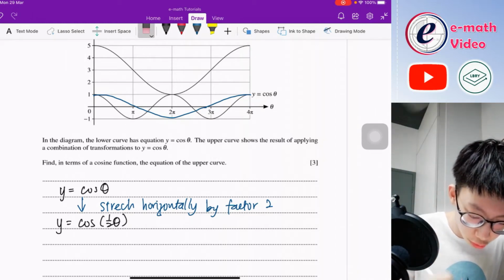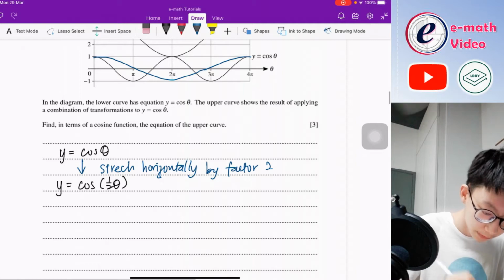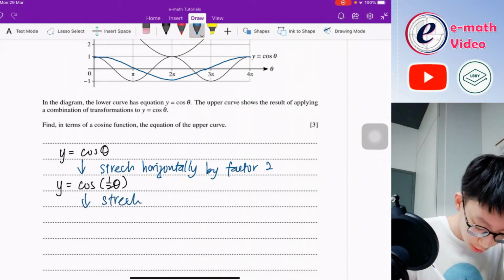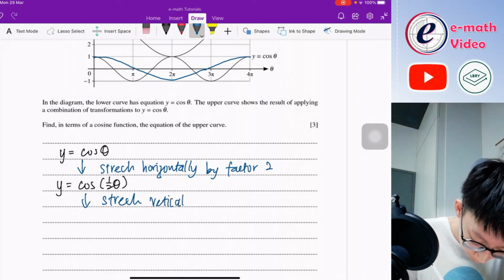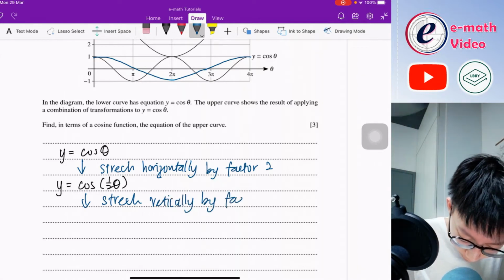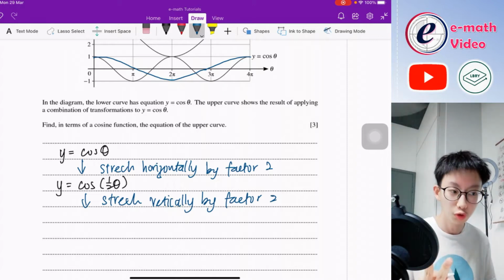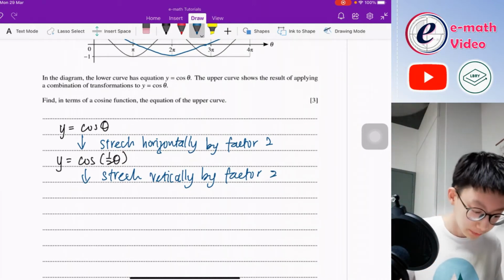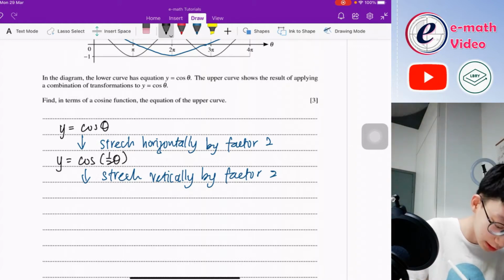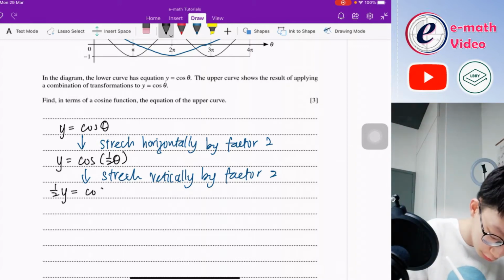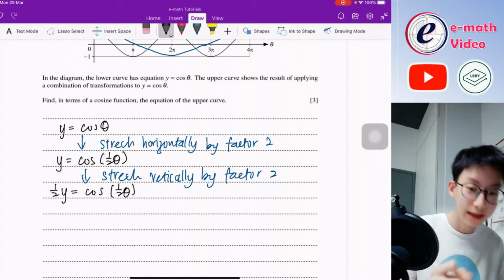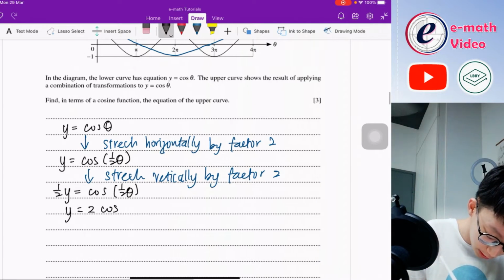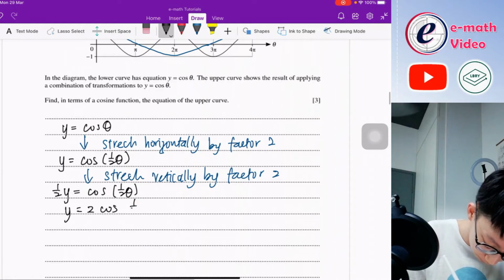So I stretch vertically by factor 2. And what do we do when we stretch vertically? In theory, it's half y equals cos half theta, right? And if you bring the half over, it will just be y equals 2 cos half theta.